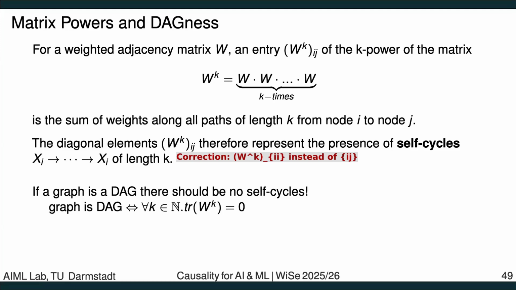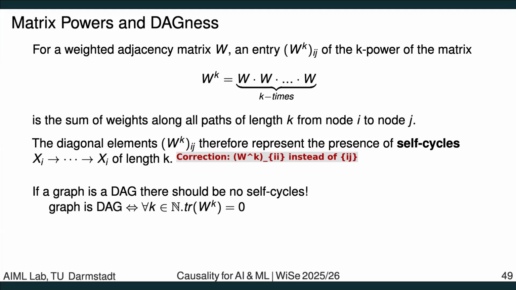If the diagonal is 0, it means that for power k, there are no paths of this length. And this is interesting, because computing this is differentiable, and we can just look at the diagonal, basically look at the trace, and check whether it's 0.